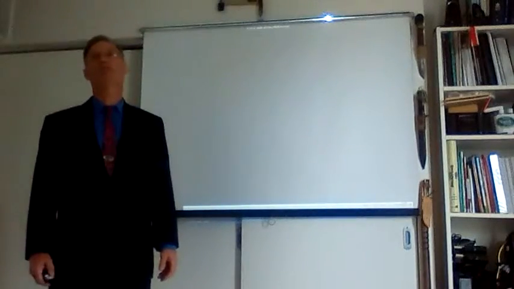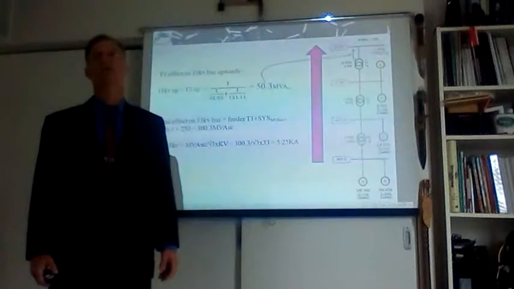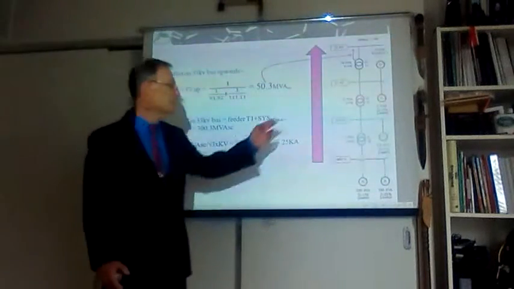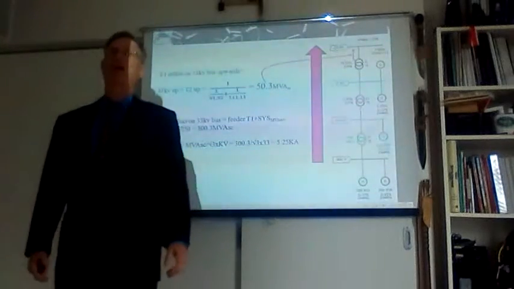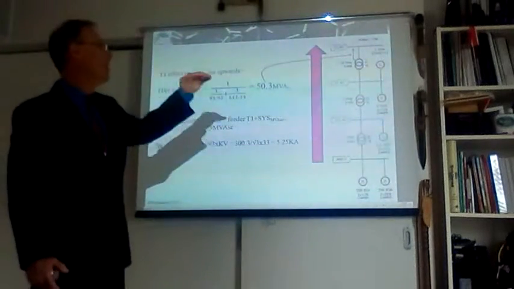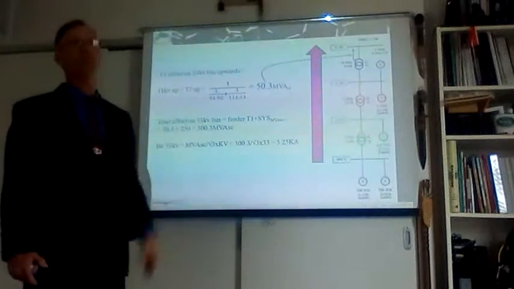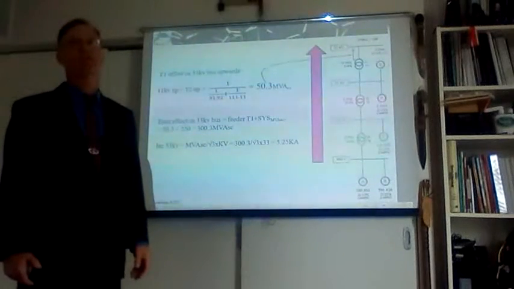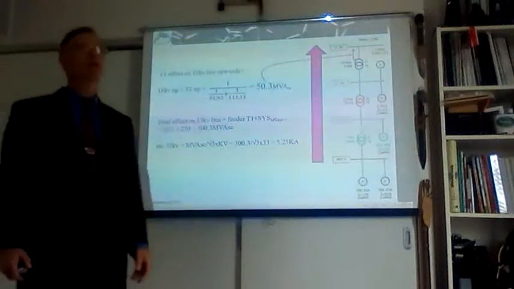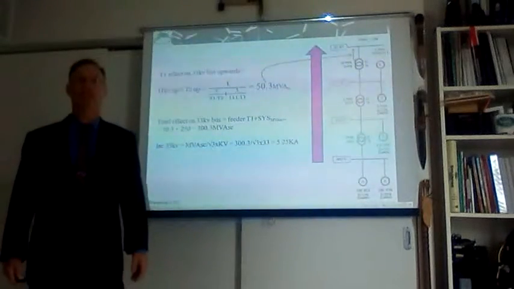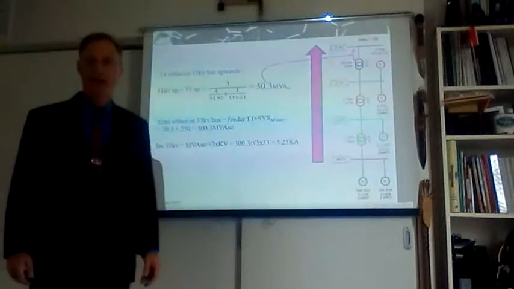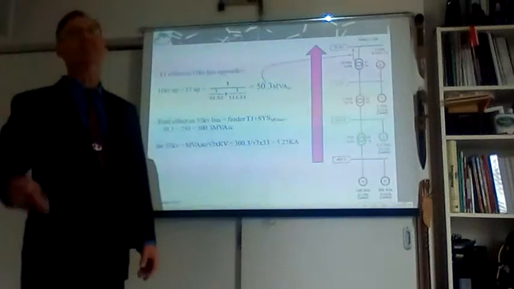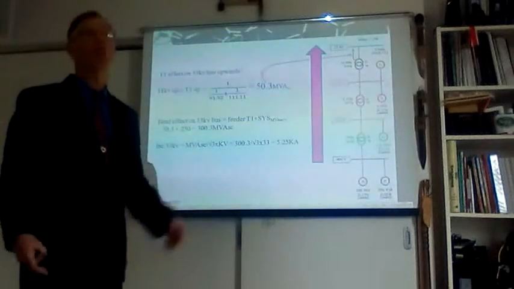And that will give us all the information that we need in order to specify circuit breakers and equipment on each and every bus. The main piece of information we need in order to order a circuit breaker is its current.